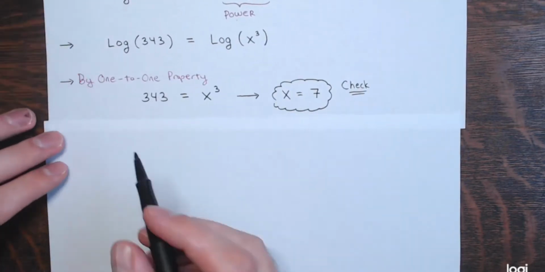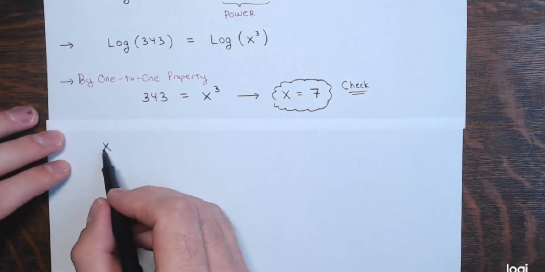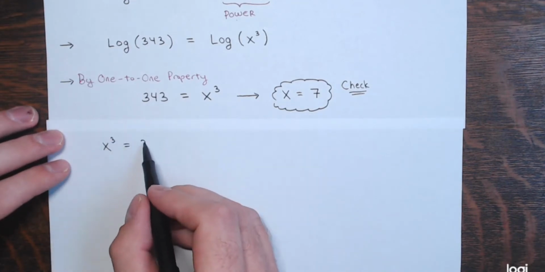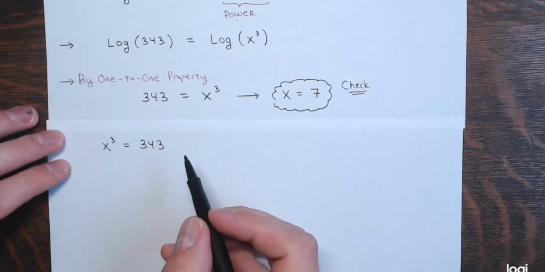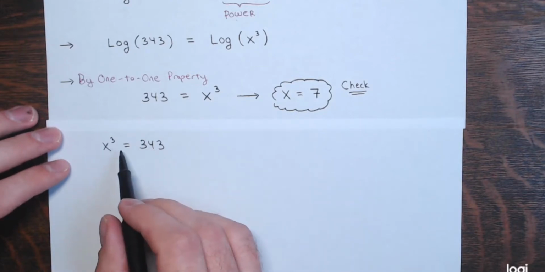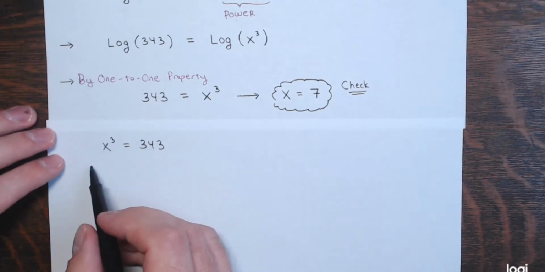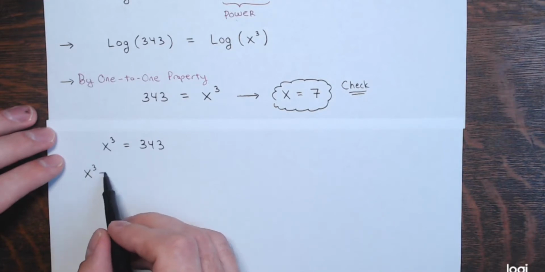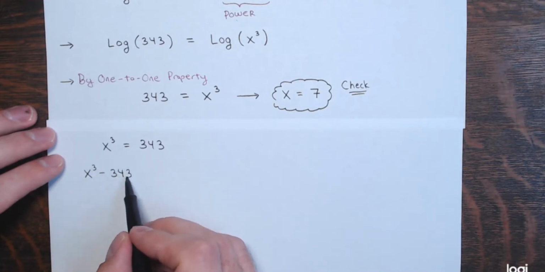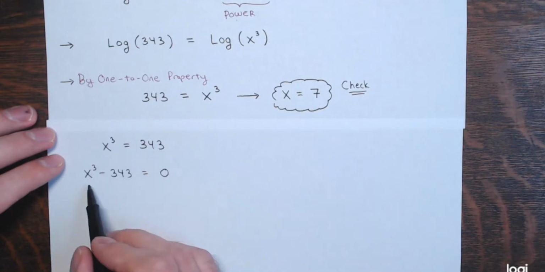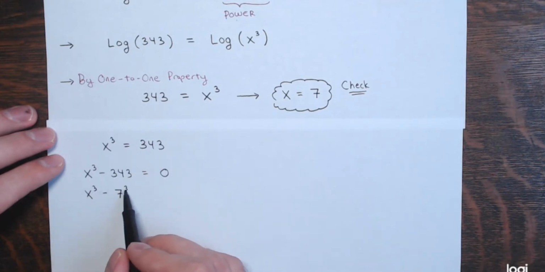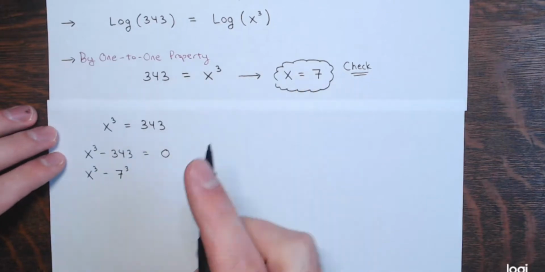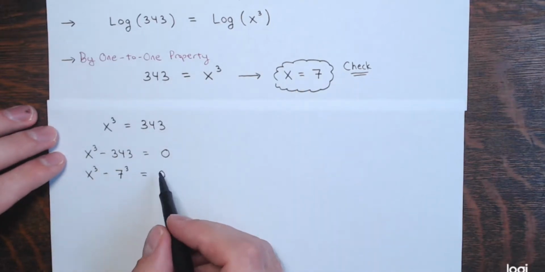But if I have x cubed equals 343, it's a polynomial equation. I subtract 343, and then what we have here is a difference of cubes. This is x cubed minus 7 cubed. And remember how a difference of cubes would factor.